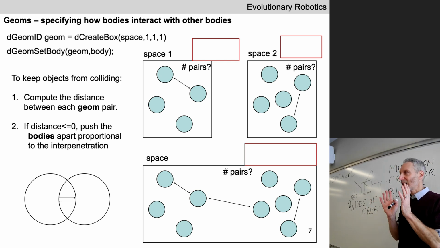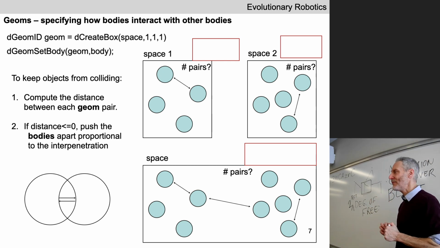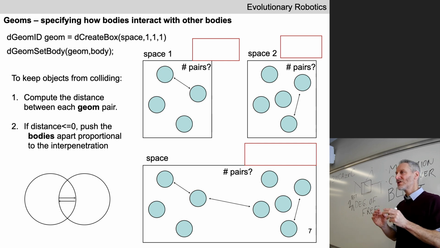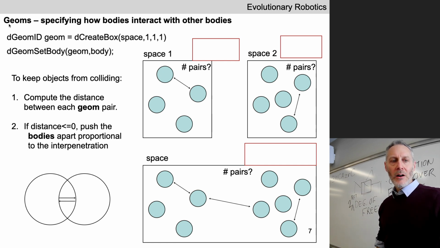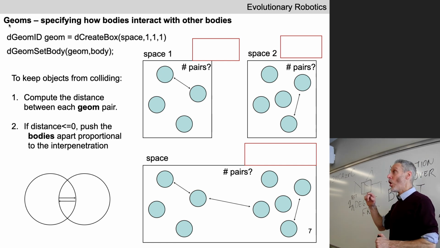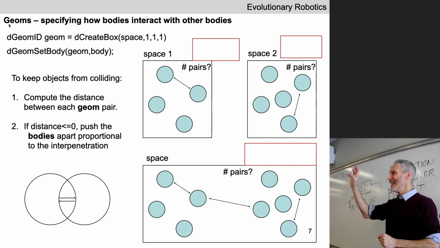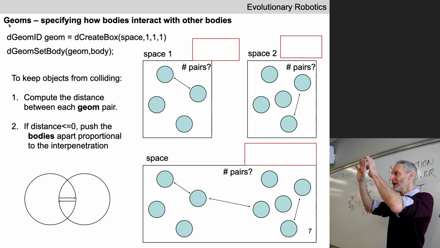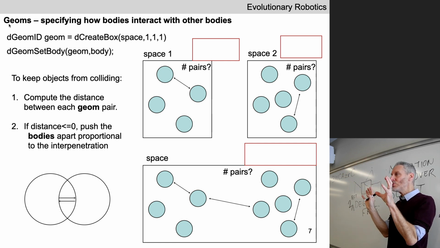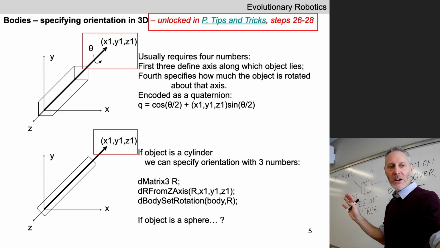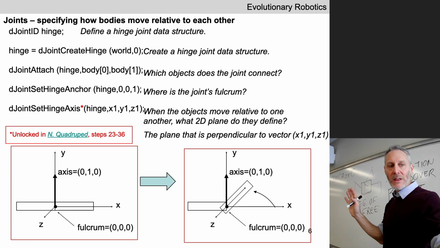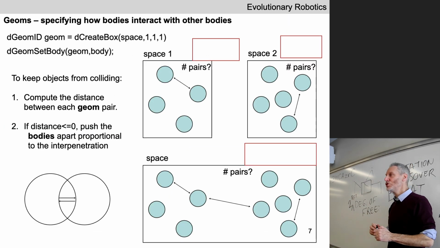As promised, there's a couple of details in ODE that we haven't defined for our object yet, which is the actual size and shape and the orientation of the object. In Open Dynamics Engine and also in PyBullet, but again, this detail is hidden from you, whenever you define an individual link in PyBullet or an individual object in ODE, you actually need to define 2 separate data structures. There's bodies, and in ODE there's geoms.